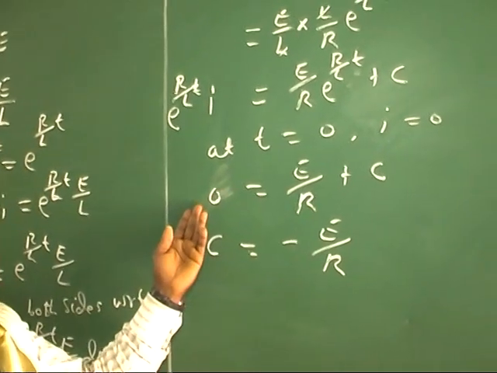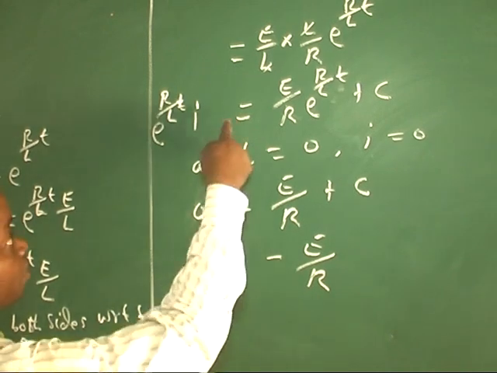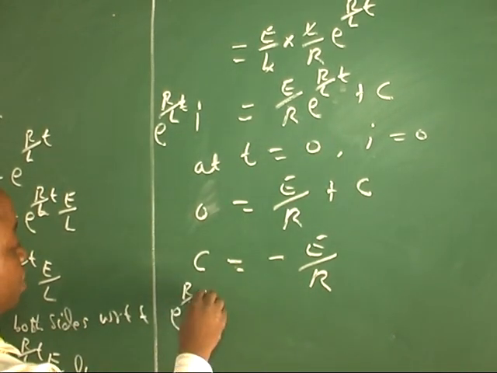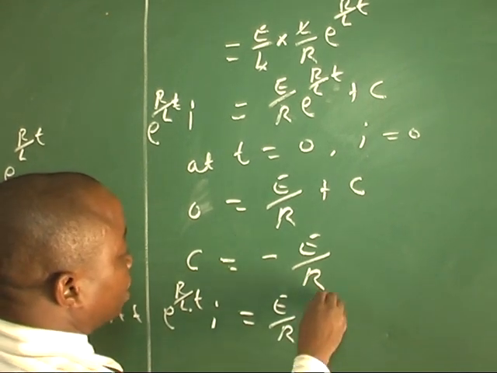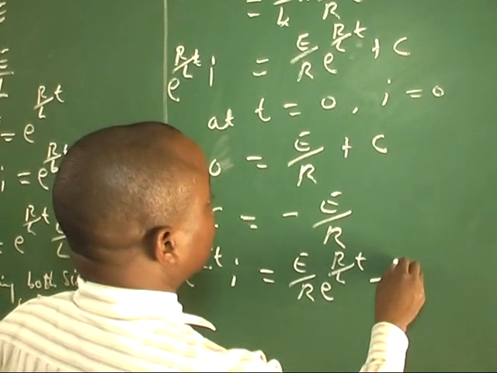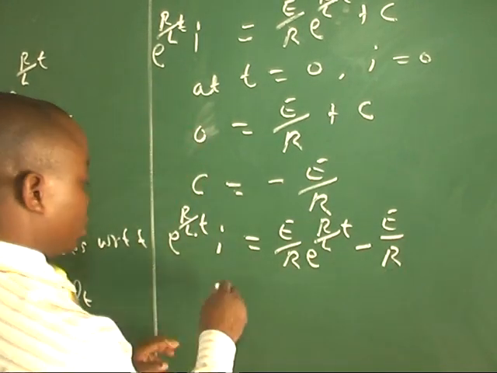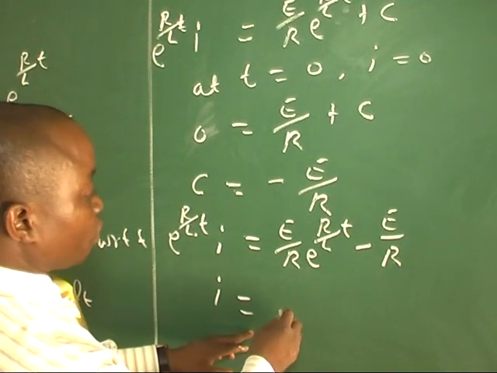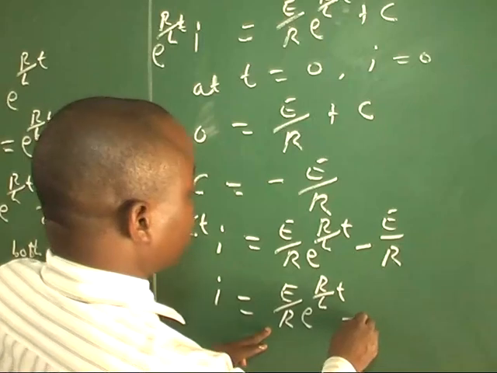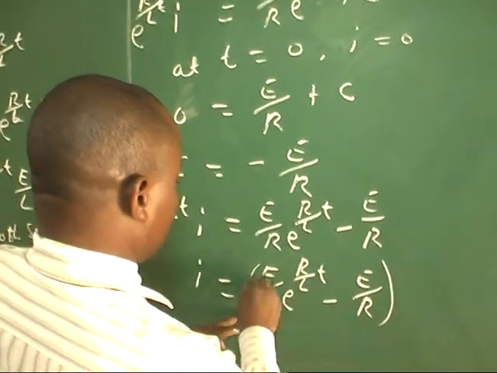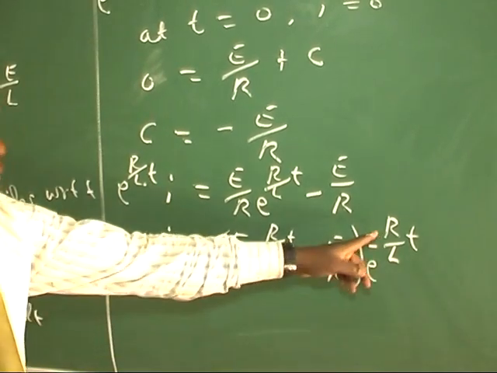I'm transferring this. Then I can go back and put the value of C. So exponential R over L t times I will be equal to E over R exponential R over L t minus E over R, because C is minus E over R. So I will be equal to E over R minus E over R exponential minus R over L t.